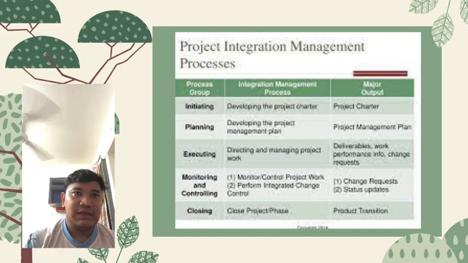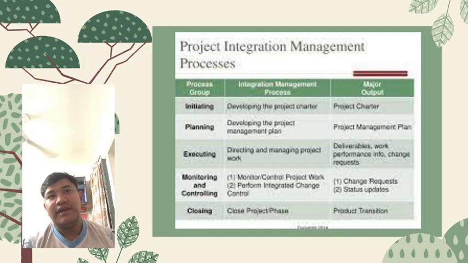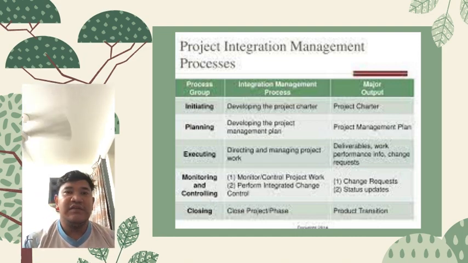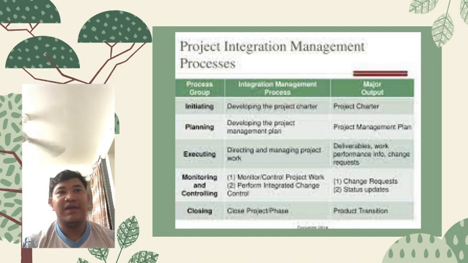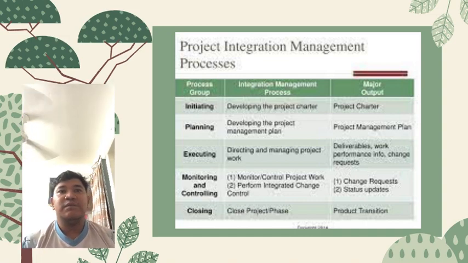For planning, developing the project management plan, and the major output is the project management plan. For executing, directing and managing project work. The major outputs are deliverables, work performance information, and change requests.